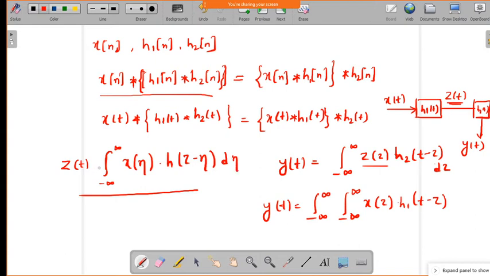So this is the z of tau. Just now you replace this one, that is x of eta.